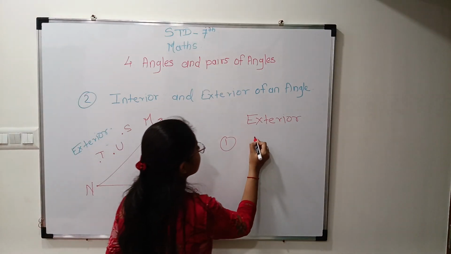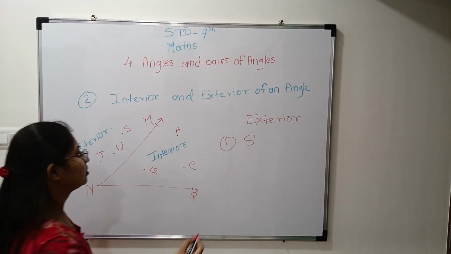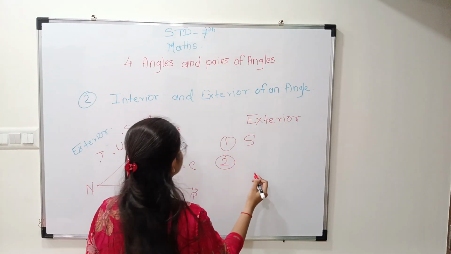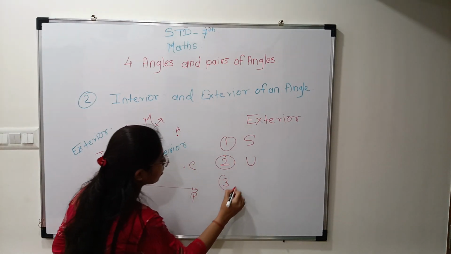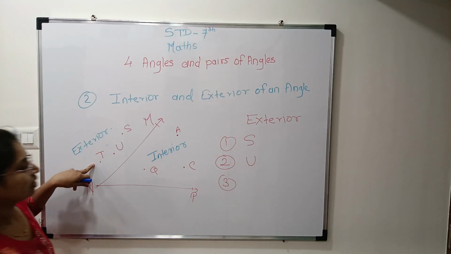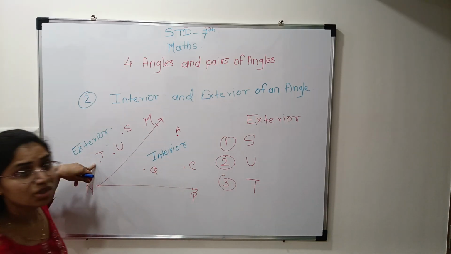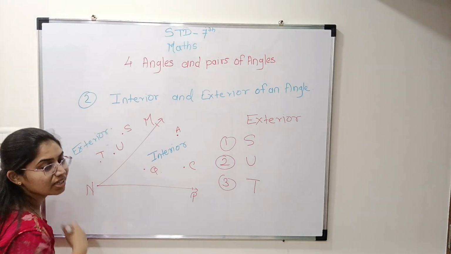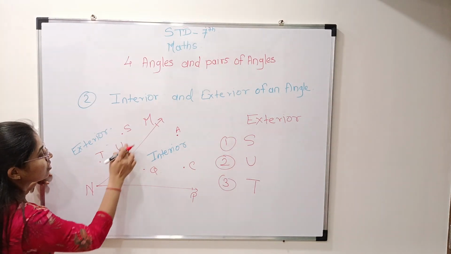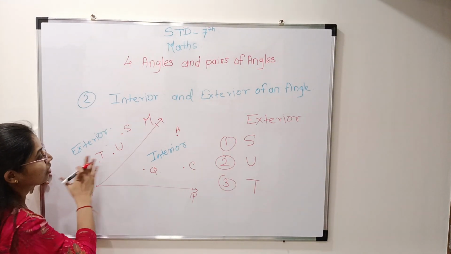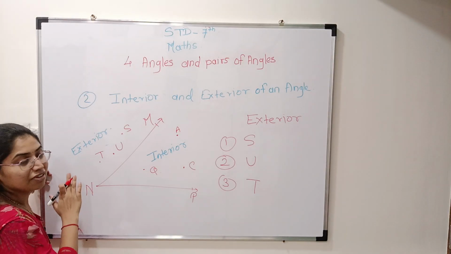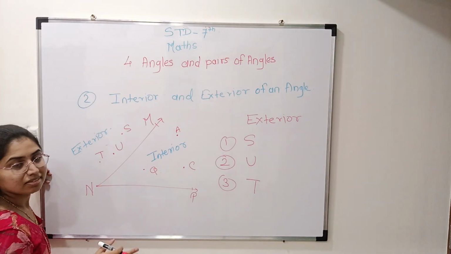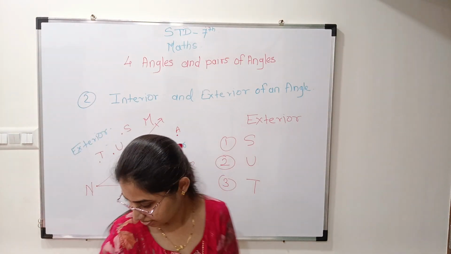First point, S is outside the angle. Second point, U, and third point, here T. Understood everyone? See here, S, U, T. These all points are outside the angle. That's why we will call it exterior. Done?